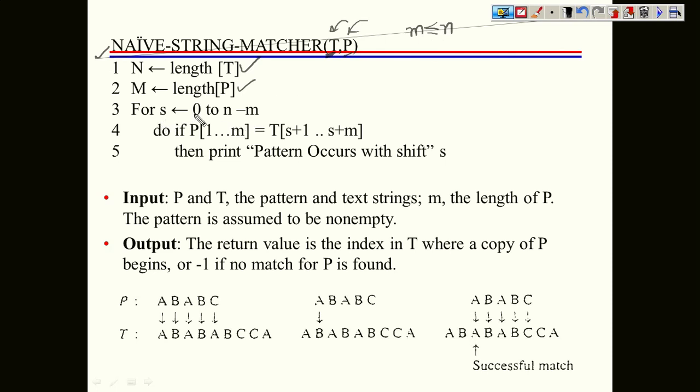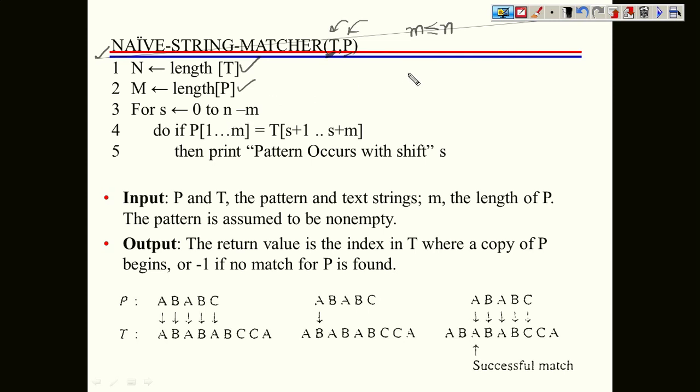For s equals 0 to n minus m, we will run one loop here. We have to perform some task this number of times, n minus m times. Now why n minus m times? Because after this the pattern will go beyond the text. What does it mean?